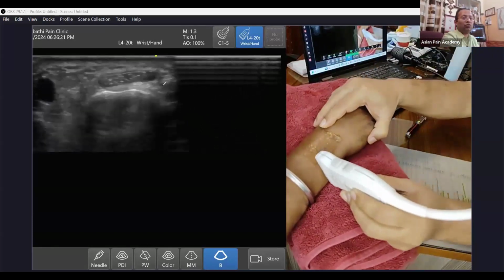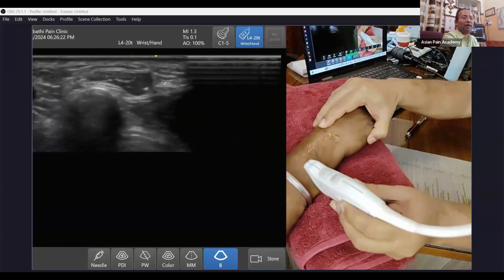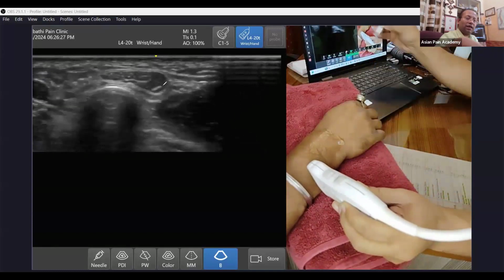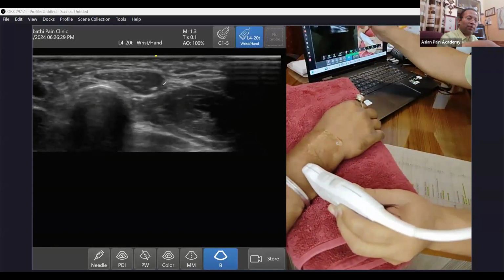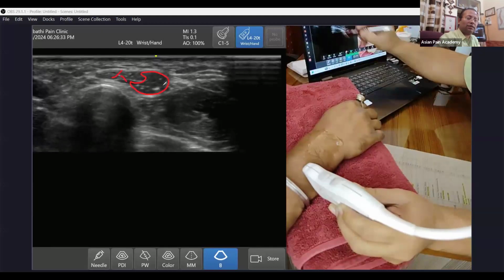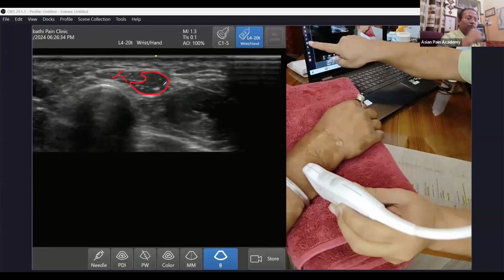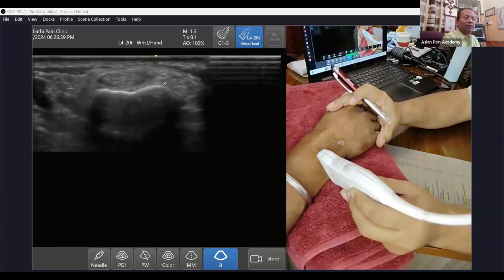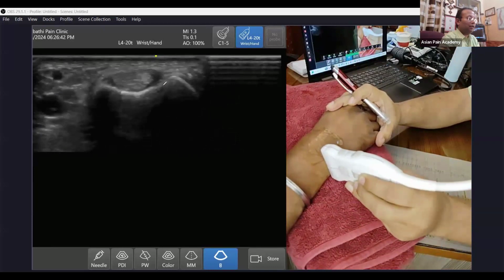Let's see, I show you that extensor carpi ulnaris is becoming a muscle. Can you see that already this part is the muscle part which is coming out? This part is tendon part. So when we go proximally, they become muscle, and this is the tendon.